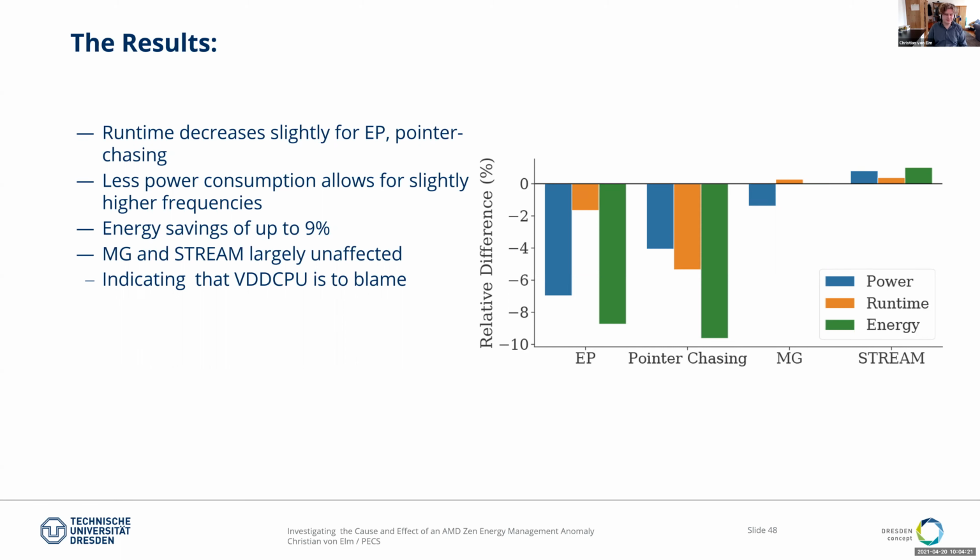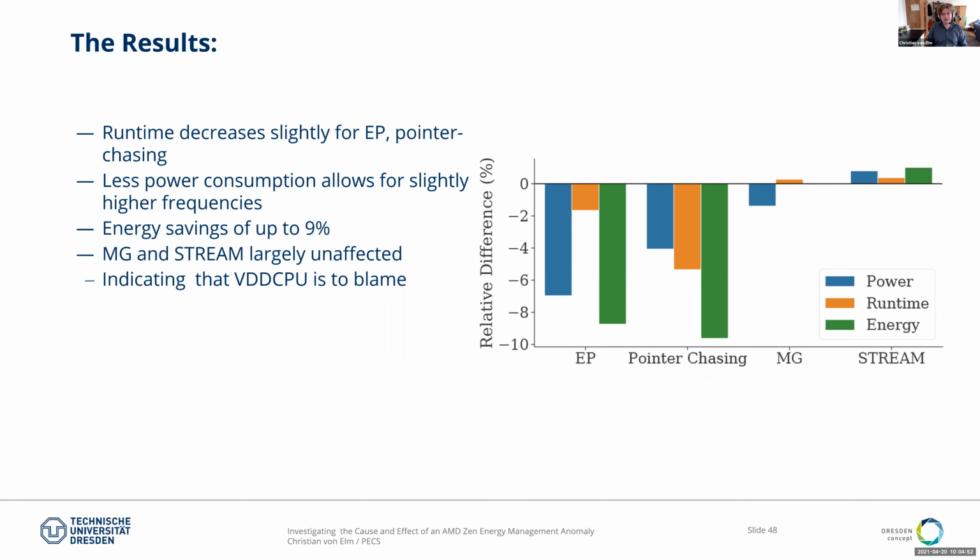For benchmarks that are bound by compute performance and the level 3 cache latency, which also runs off the core frequency, this will lead to a slight increase in performance and a slight decrease in runtime. Overall, if we multiply power and runtime reductions, we have observed energy savings of up to 9%.